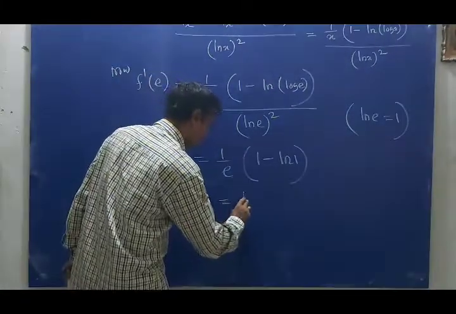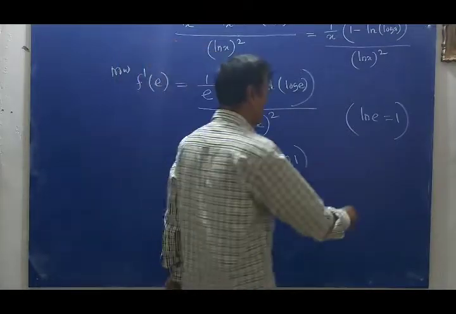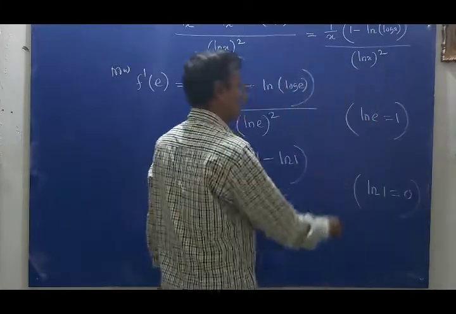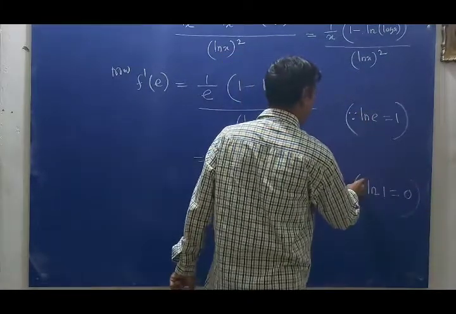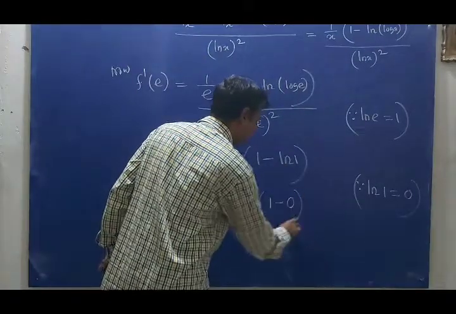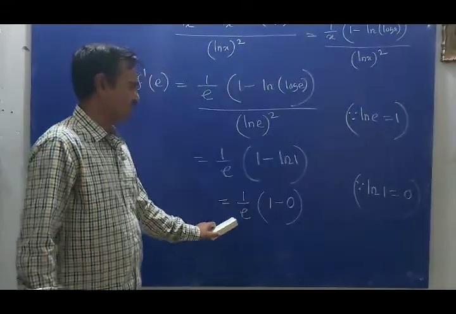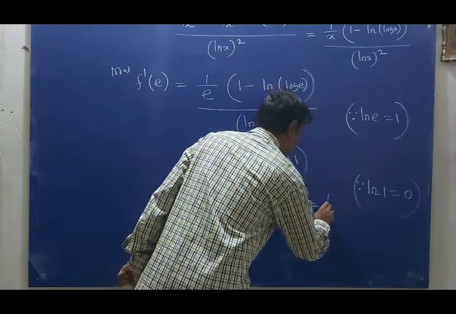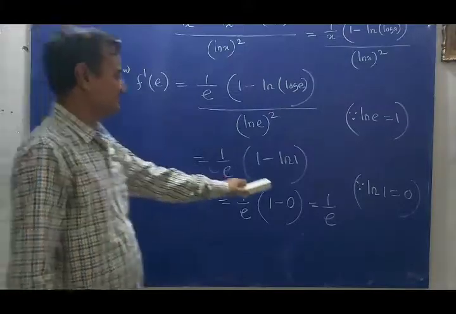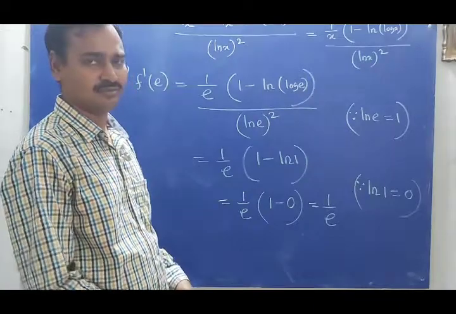Ln of 1 is always 0, so log of 1 is 0. So 1 minus 0 is 1, and 1 into 1 by e gives the answer 1 by e. So f dash of e is equal to 1 by e.